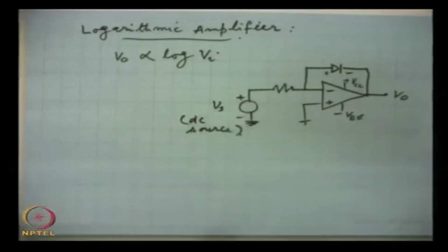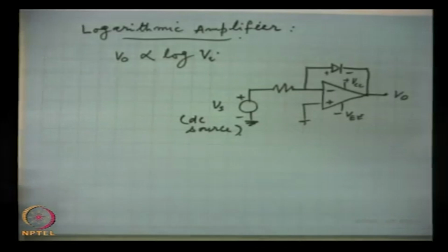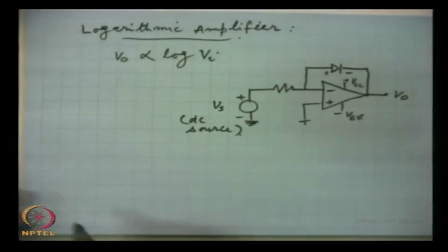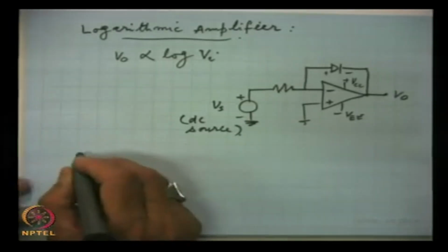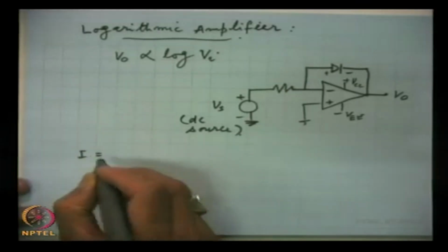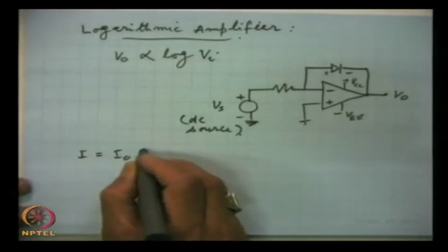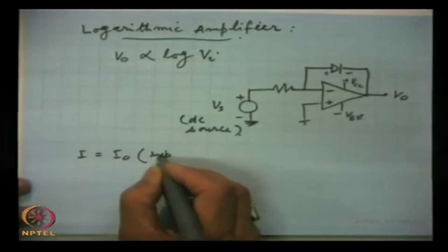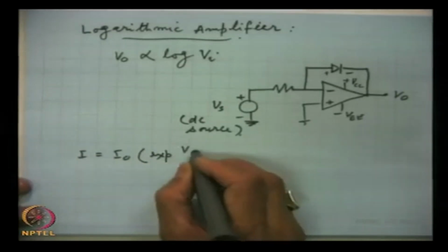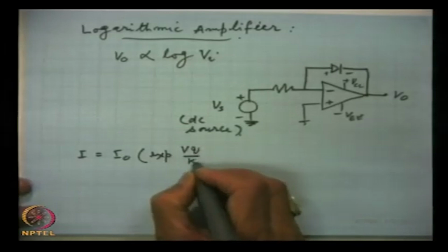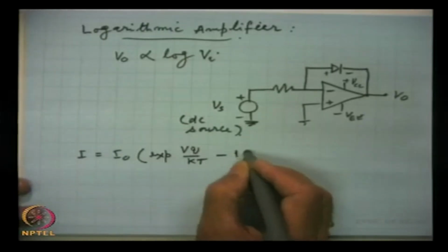This is the circuit of a logarithmic amplifier. Here, for the IV characteristics of a diode, we remember that I equals I0 exponential (VQ by KT) minus 1.